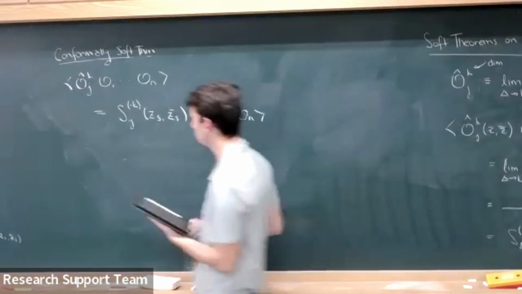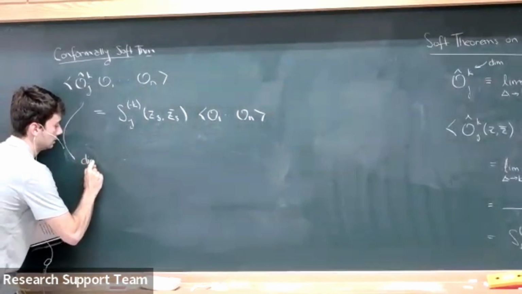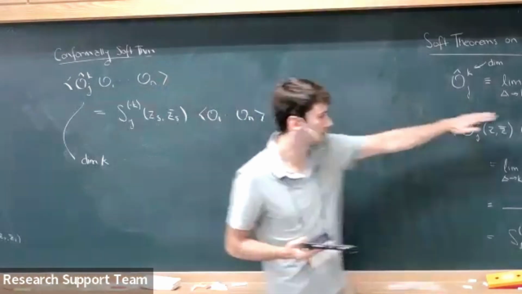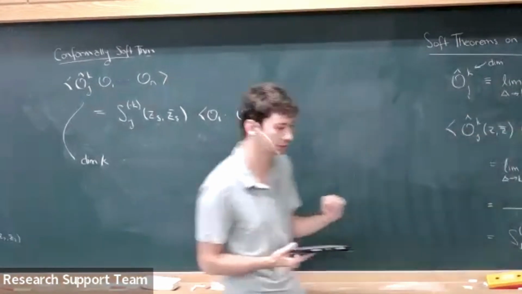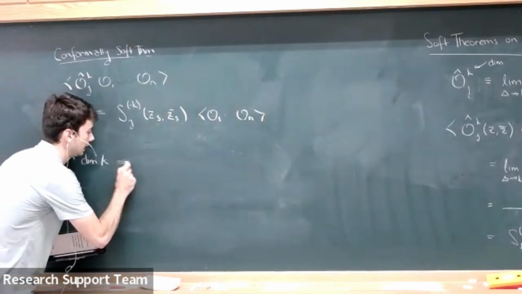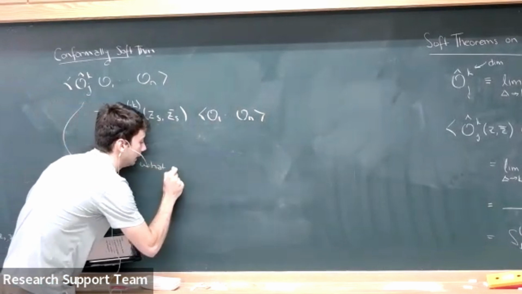Okay. Moreover, these are dimension K conformal primary operators just by their definition. I'm taking the limit of something that goes to conformal dimension K. So these things are dimension K conformal primary operators. And this dimension K tells you what order in the soft expansion.